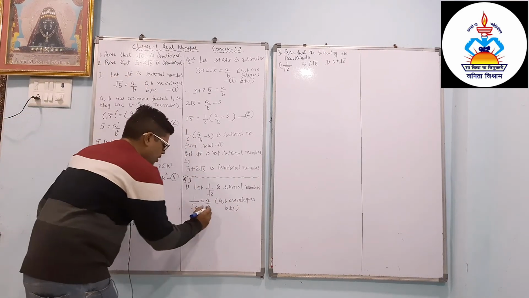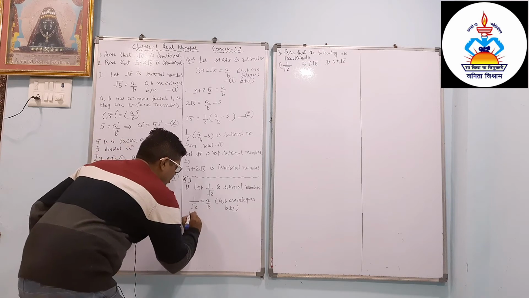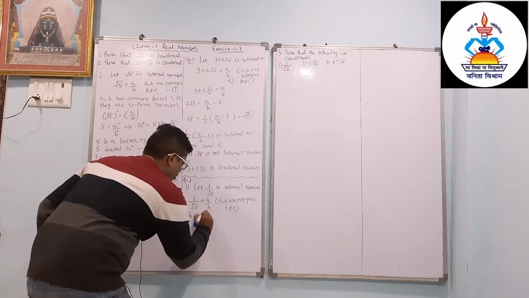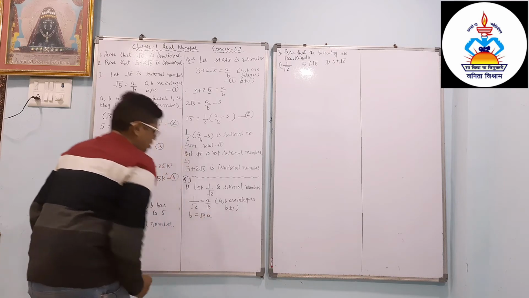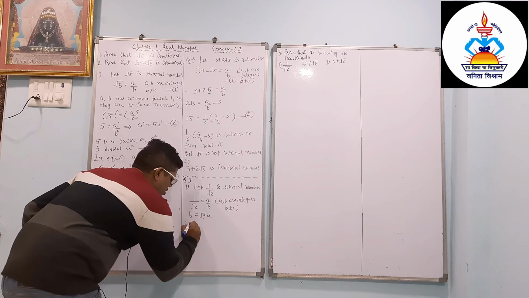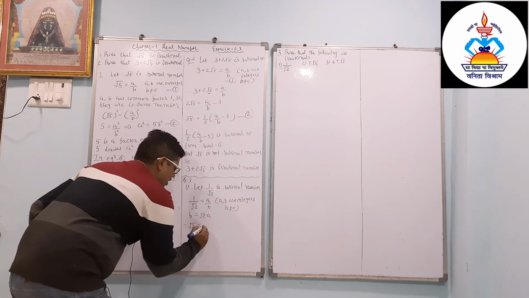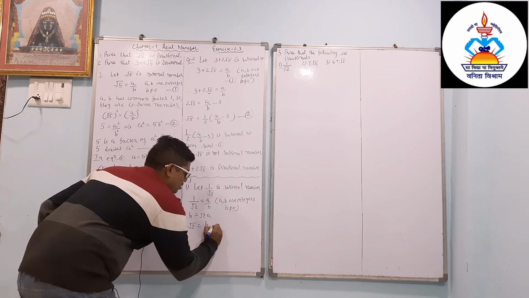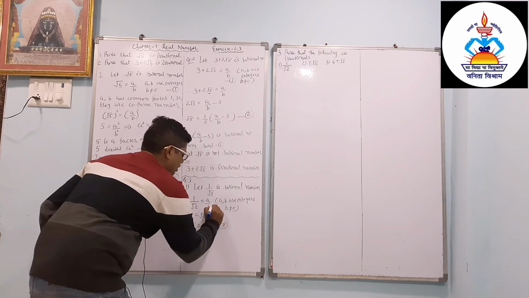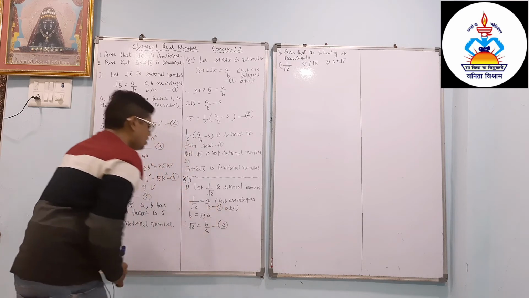We do the cross multiplication, so B equals root 2 times A. So root 2 equals B upon A. This is result number 2, and the first is result 1.